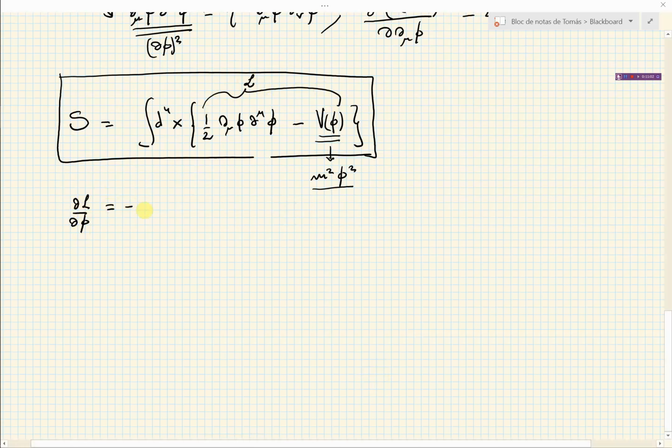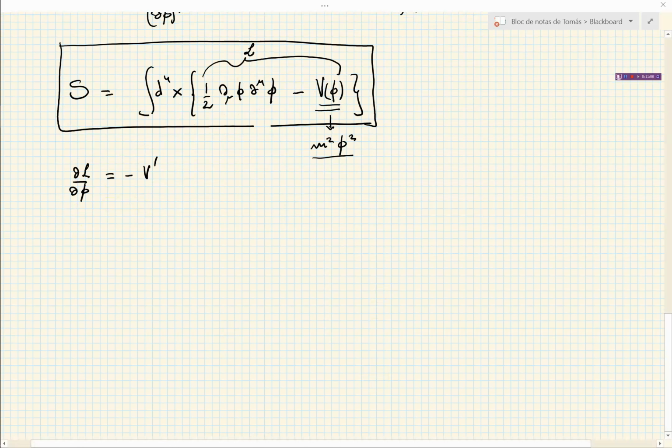I denoted with a prime a derivative of the potential, and then the partial derivatives of the Lagrangian with respect to the partial derivatives of phi. There are two, they appear symmetrically, so there is a factor of 2, and what you have is partial mu of phi.